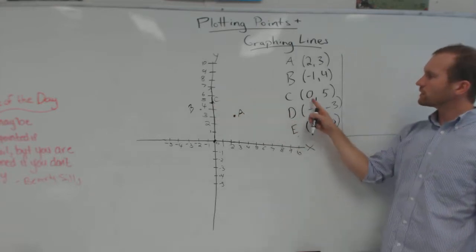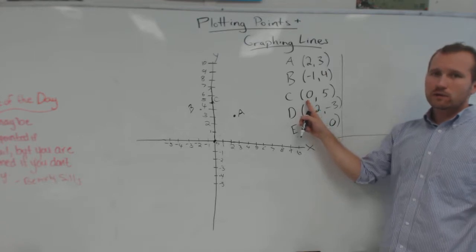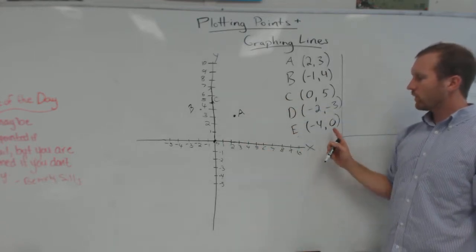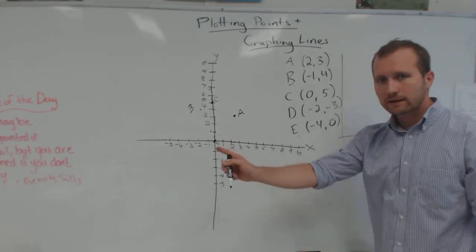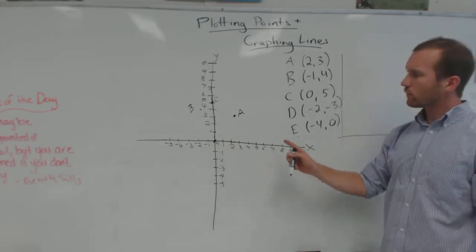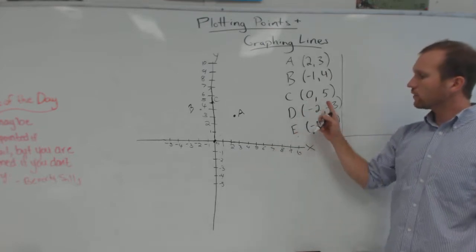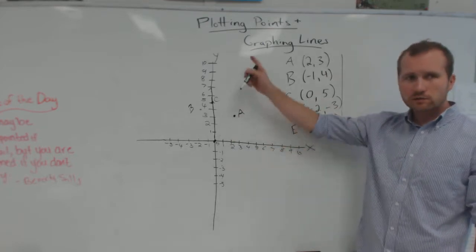So when one of these numbers is 0, if x is 0, then you're on the y-axis. If y is 0, we're going to be on the x-axis. So x being 0 kind of tells us ignore that axis. Ignore the x-axis. Just use the y-axis.